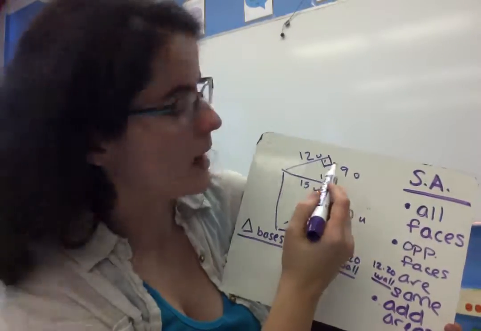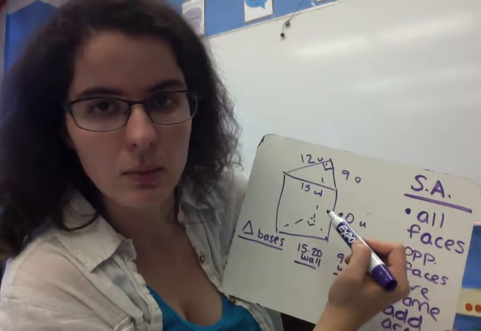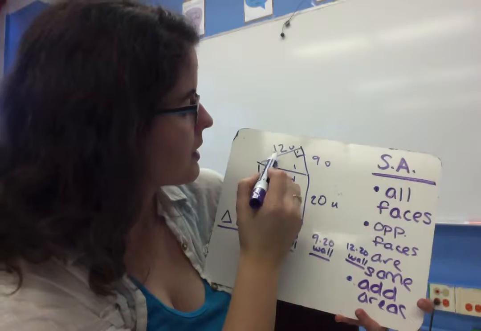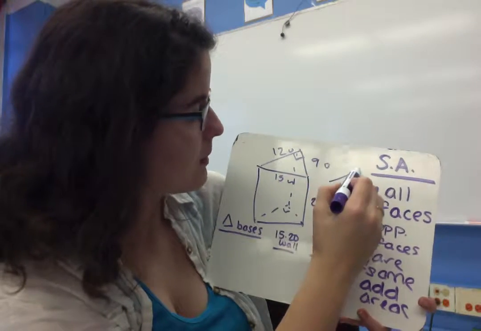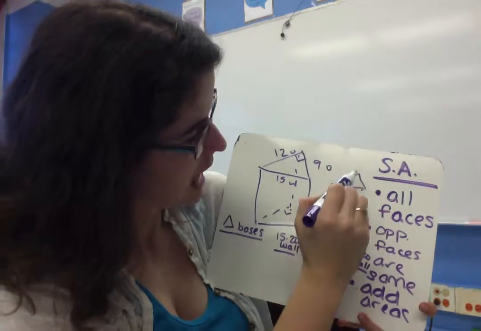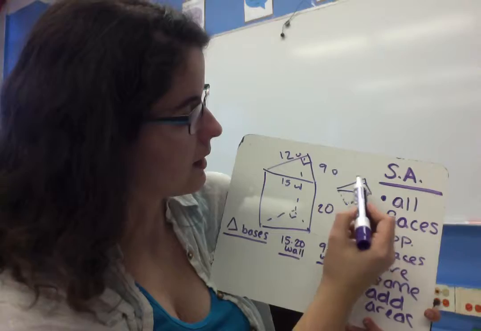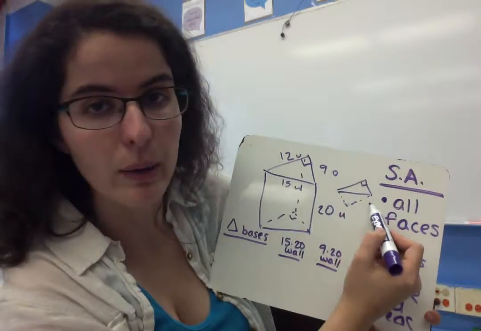So for this triangle base, I need to think about which of these dimensions is going to be important for finding the area. Since I would want to ideally make a rectangle here, I need to pay attention to where the right angle is, because that would be the 2 sides of my rectangle.